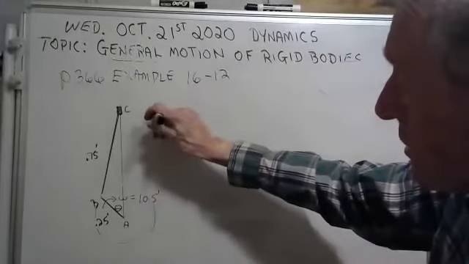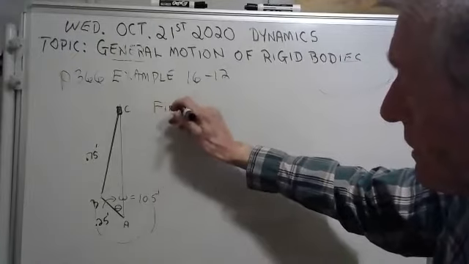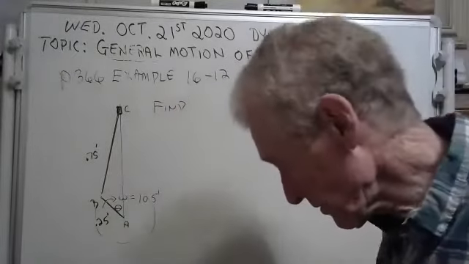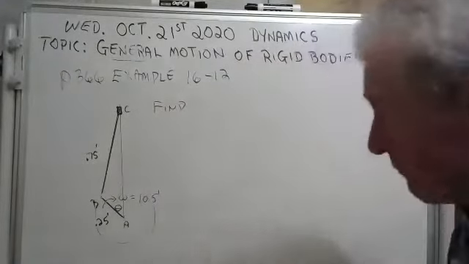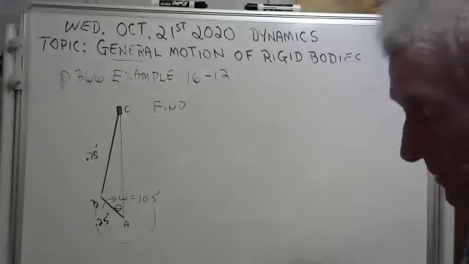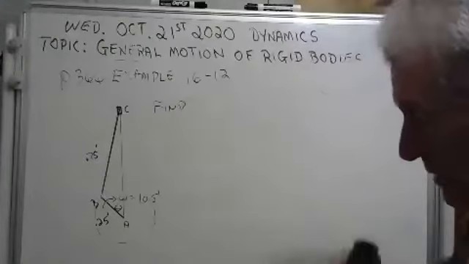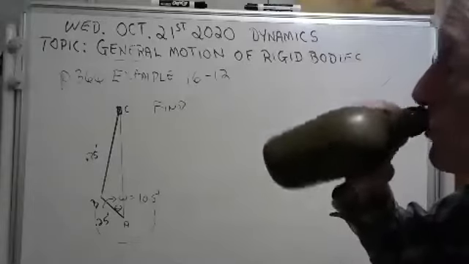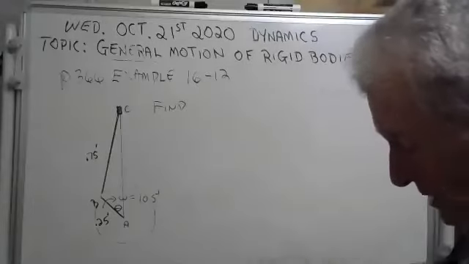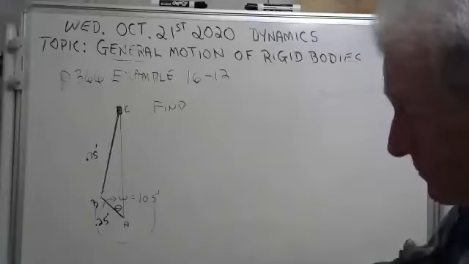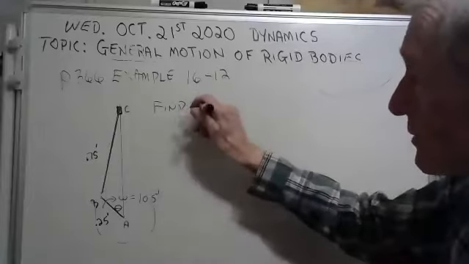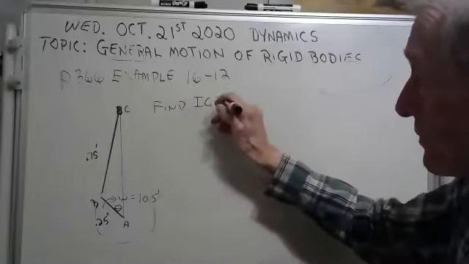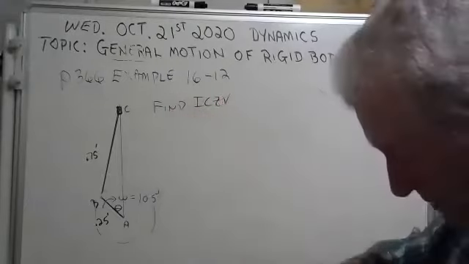Okay, I'm going to shut up. And you need to have this scribbled down on your note paper. See if you can find where the ICZV is. I'll be quiet. Go ahead.